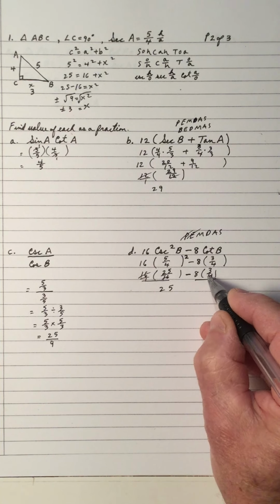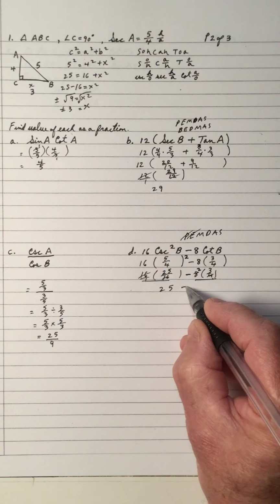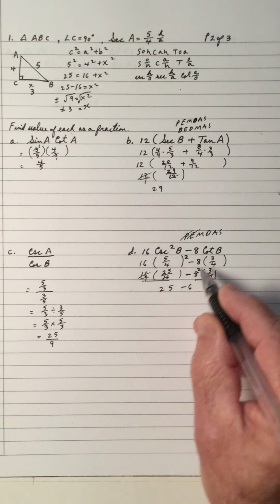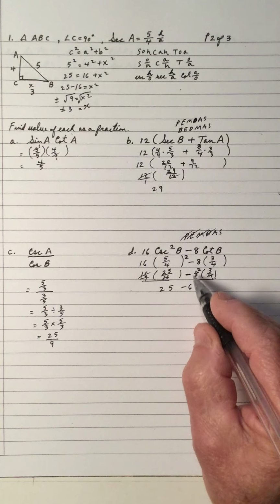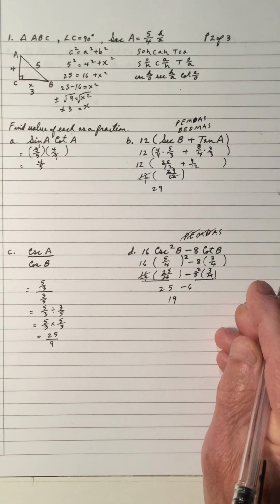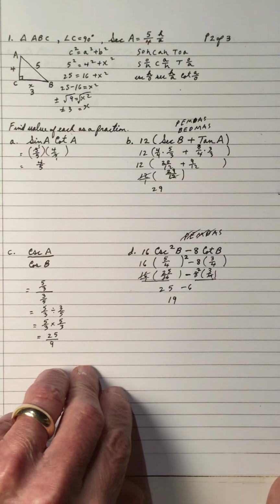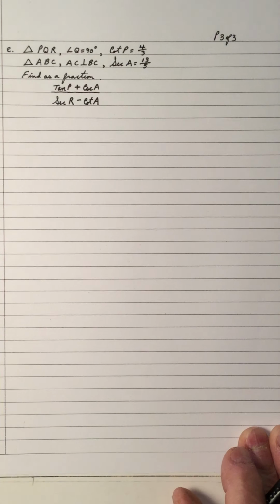And 4 cancels into 8 twice, so that's negative 2 times 3 is negative 6. And multiplication and divisions are gone. Now we add or subtract last, so that gives us 19. And simplify.